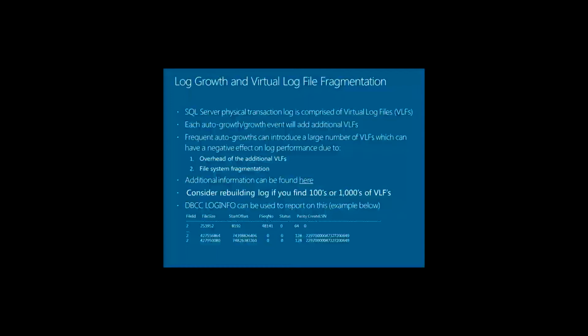If you're growing 1,000 times, that quickly adds up to lots and lots of VLFs, which makes things rather less than optimal in terms of efficiency. Depending on the size of your log file, it will have different numbers of VLFs in the original log file, somewhere in the range of 16 to 32 VLFs, I believe.